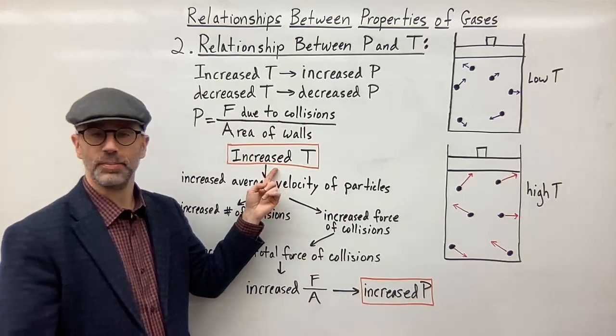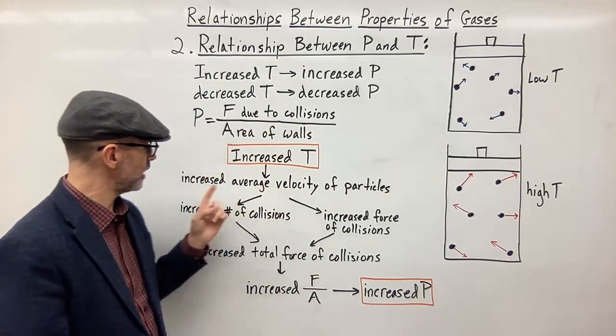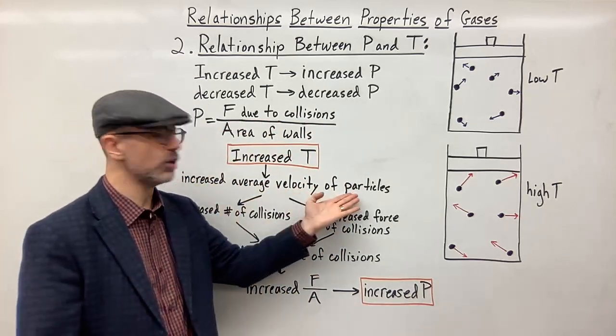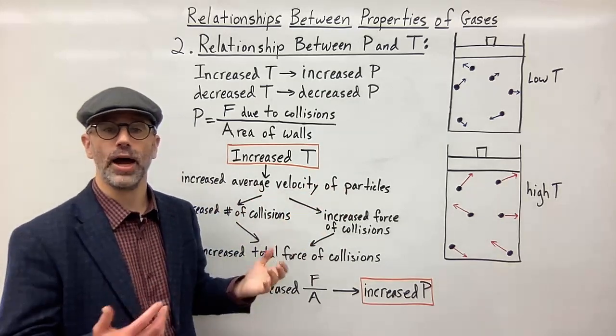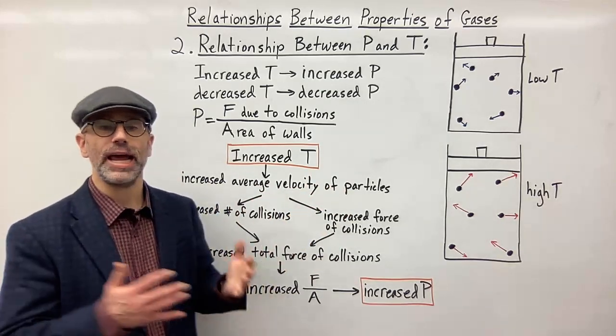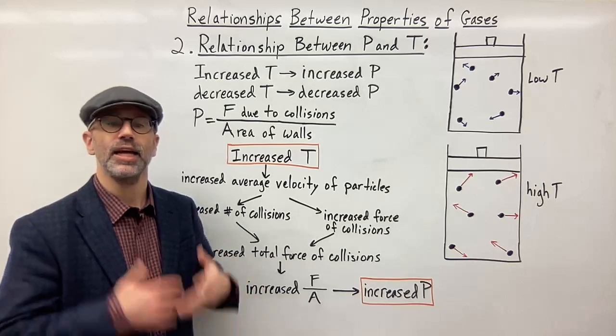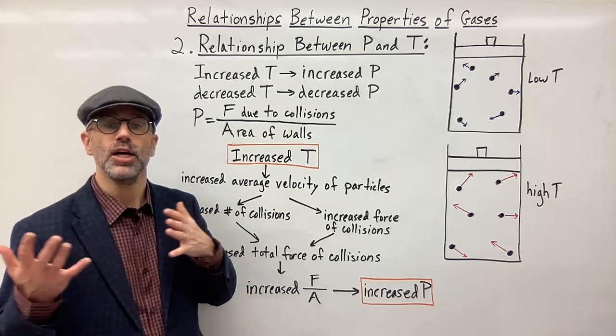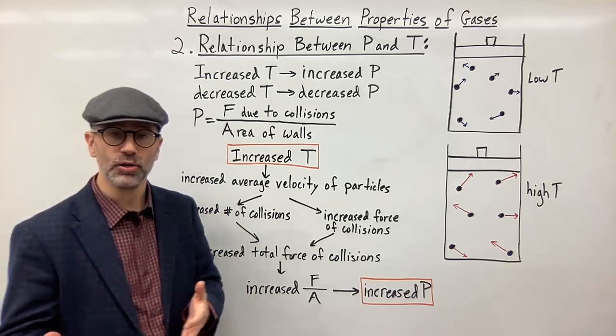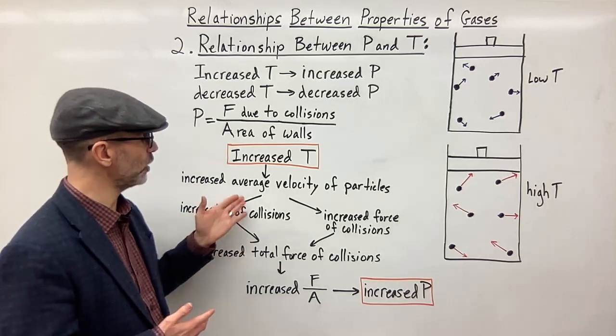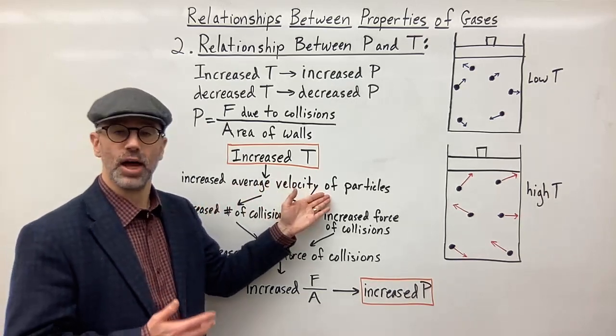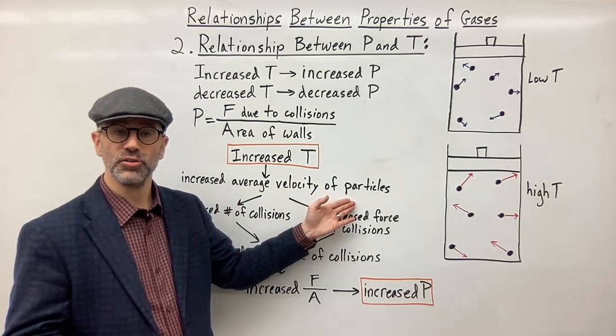So if we write this out, what happens? We increase the temperature. Increasing the temperature will increase the average velocity of the particles. Why? Because temperature and kinetic energy are related, and kinetic energy is related to the speed or velocity of particles.